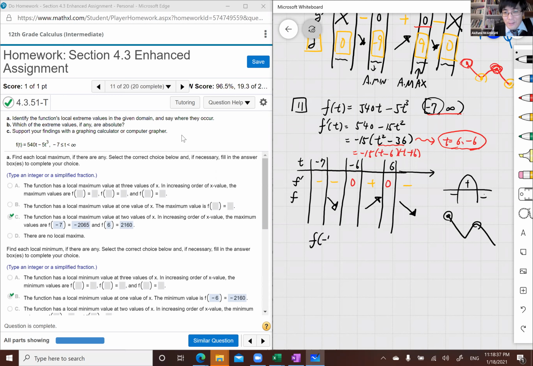I'm going to evaluate by plugging in -7: 540 times -7 minus 5 times -7 cubed. This is terrible. 3780 plus 1715. So it's going to be minus 2065.